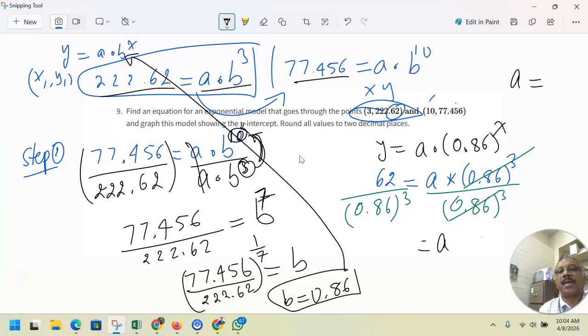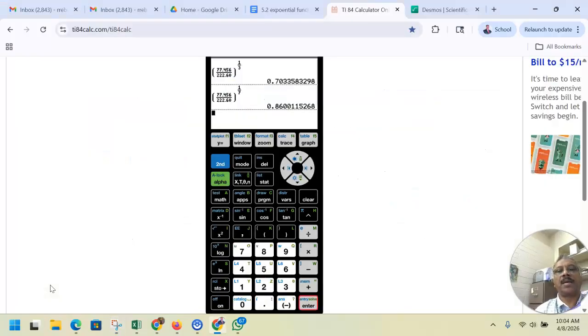So let's go back to the calculator. 62 divided by, oh God, I made a big blunder here. This y is not 62. Y here is 222.62. So here is the calculator, clear everything.